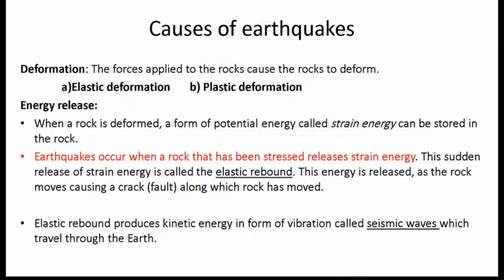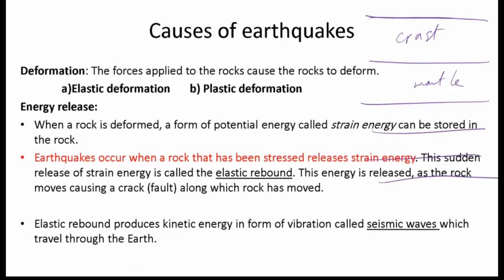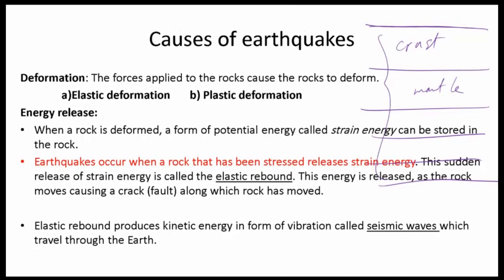What are the reasons of the earthquakes? Inside the earth, if this is the surface of the earth, these are layers. We said this is the crust, for example. This is the upper part of the mantle. This is the next part of the mantle, and so on. All these layers are rocks.